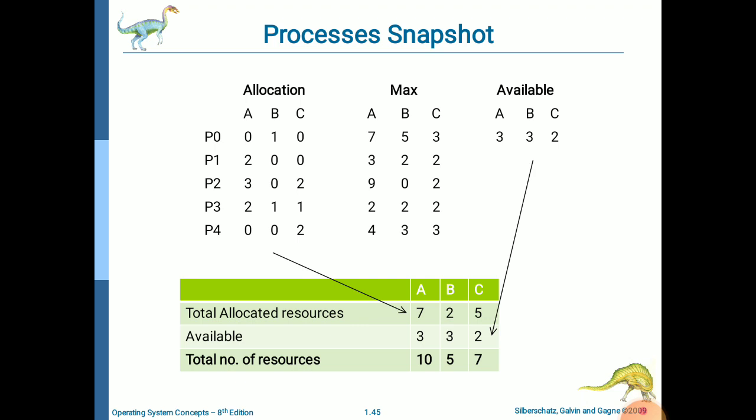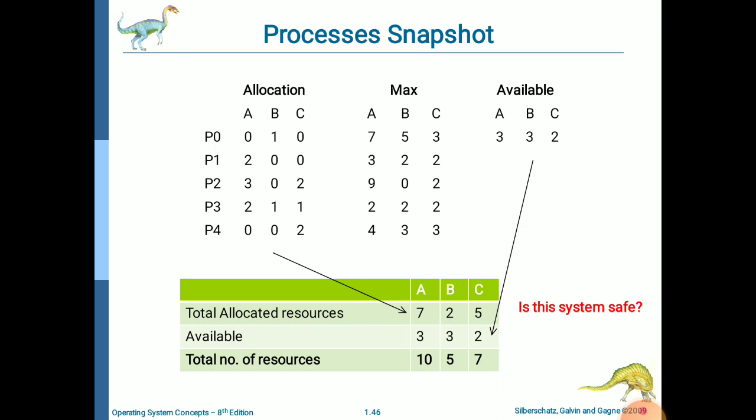Out of those, allocation is done and Available is also given in the snapshot. Now the question is: is the present system in a safe state?